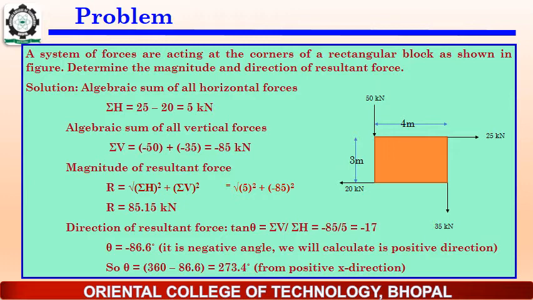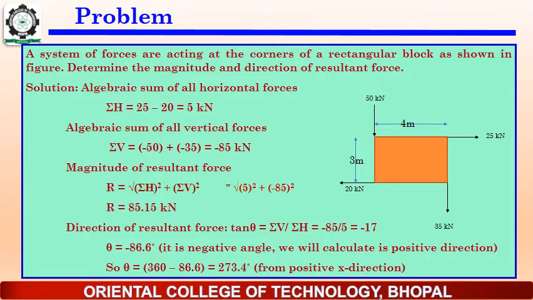So 25 kilonewton and 20 kilonewton are horizontal forces, and 25 kilonewton acting in positive x direction, so taken as positive 25, and 20 kilonewton acting in negative x direction taken as negative. So the algebraic sum is 5 kilonewton in positive direction.